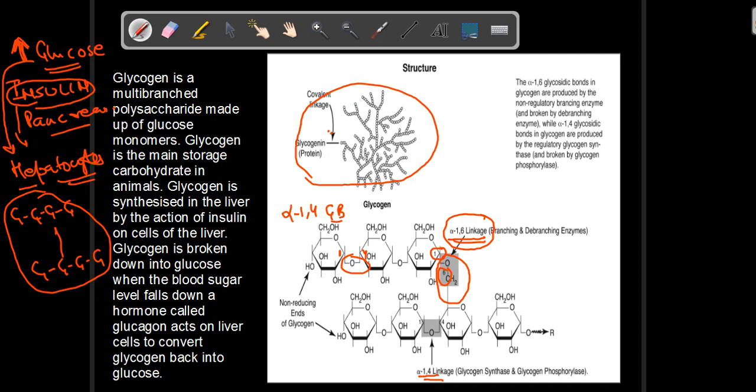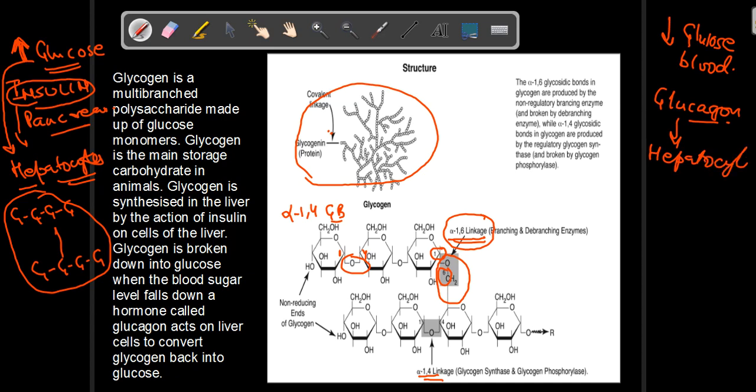When the concentration of glucose in the blood falls down, then another hormone called glucagon is released from the cells of the pancreas, and this hormone again acts on hepatocytes, the same cell.